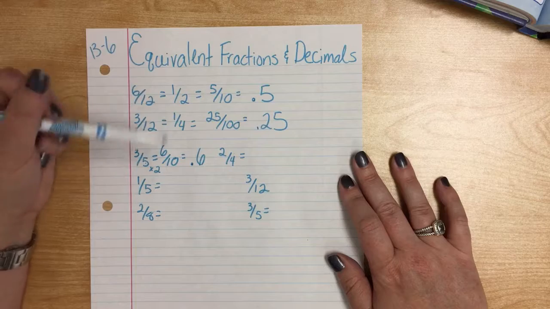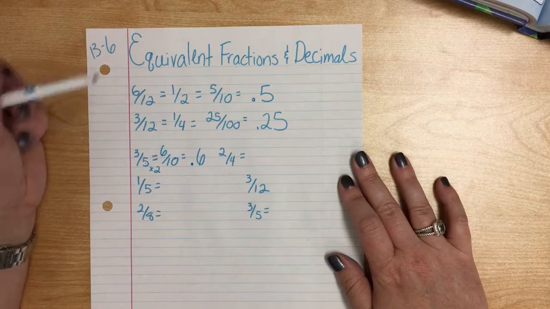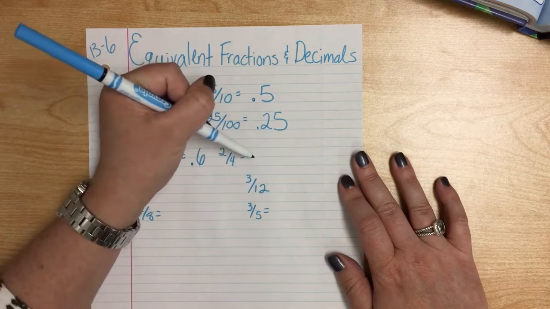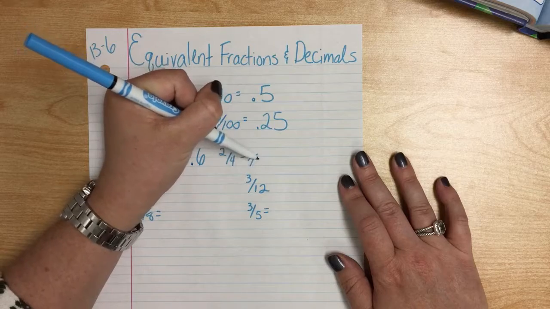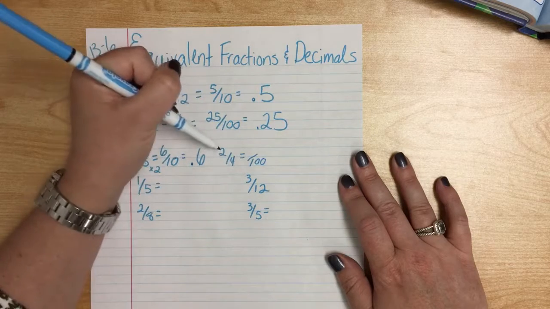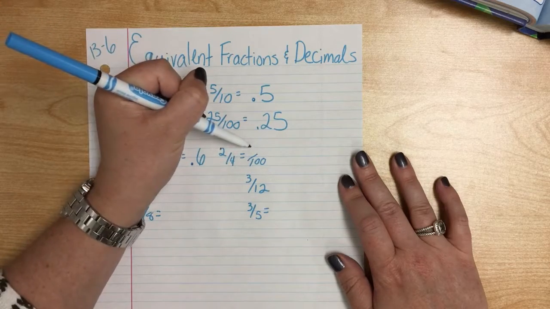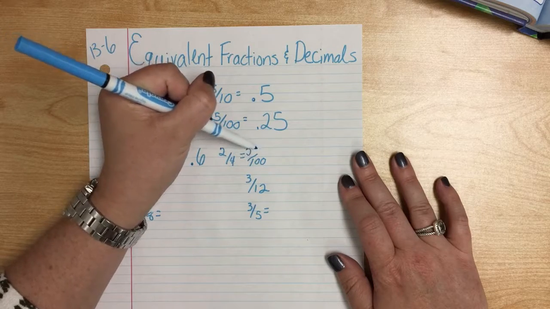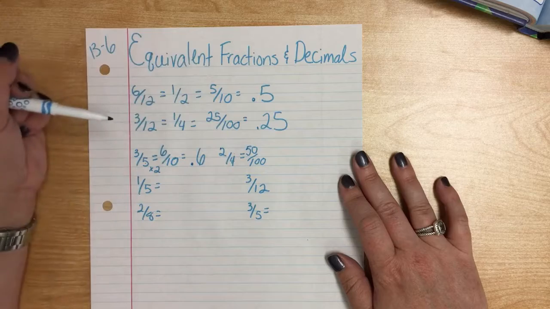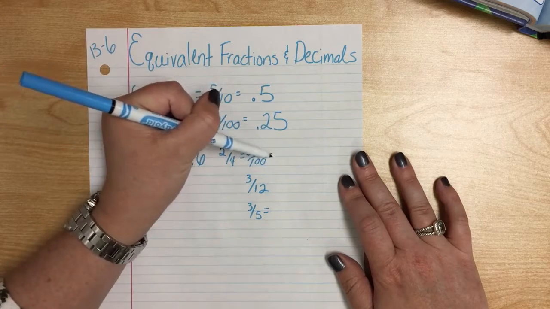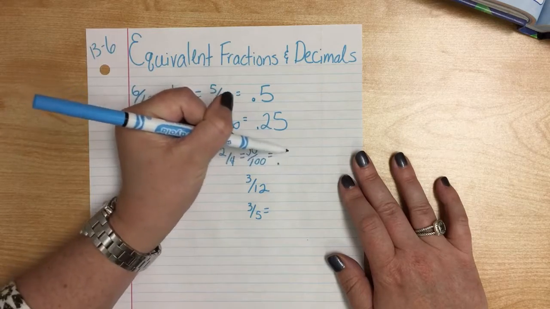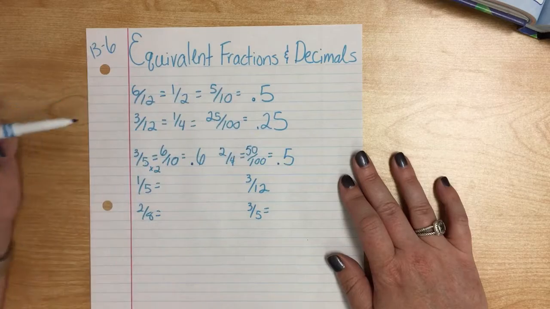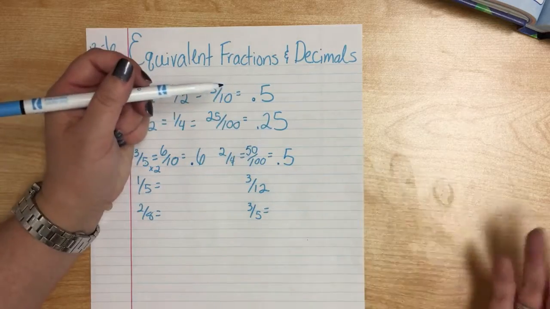No. Can I get 4 to become a 100? Yes. So 4 becomes a 100 because I have 4 quarters. So that means 2 quarters would be 50. 2 quarters is 50 cents. That becomes 0.5.